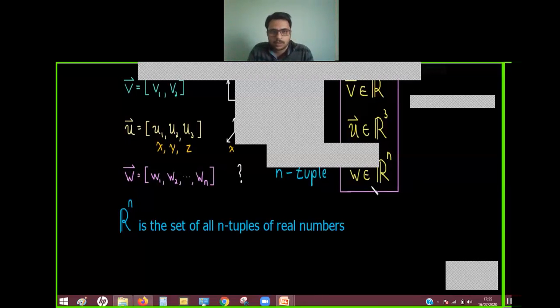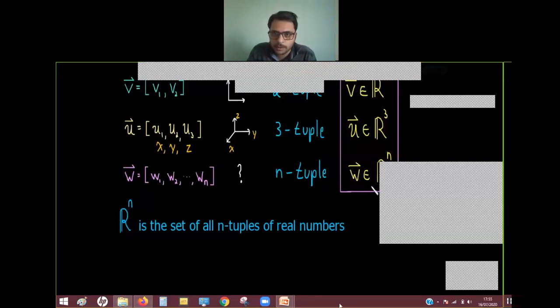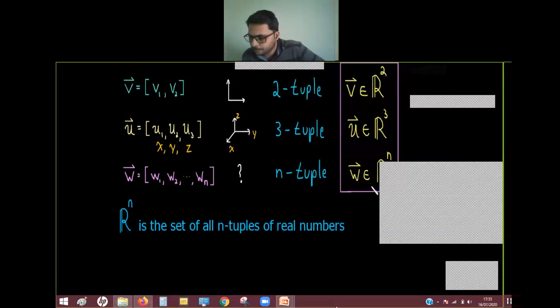Okay, so please tell me, have you understood this point, that V belongs to R2? How can we say that V belongs to R2?